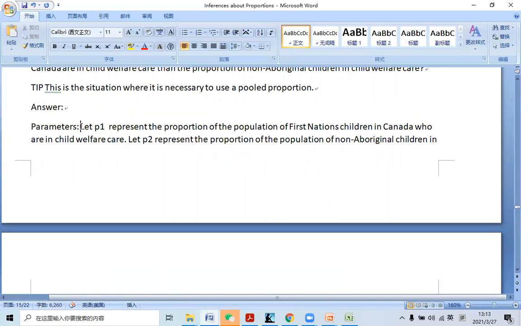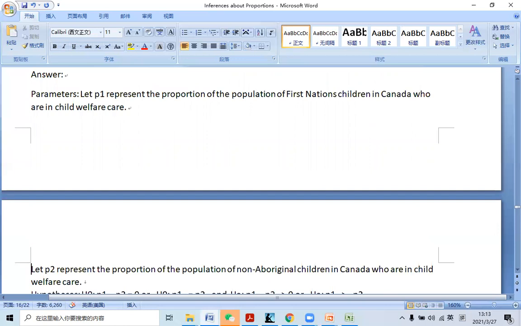You have two parameters. One parameter is a proportion of kids who are First Nation children and who are in child welfare care. What is the proportion? What is the percentage? Is it 10%, 1%?